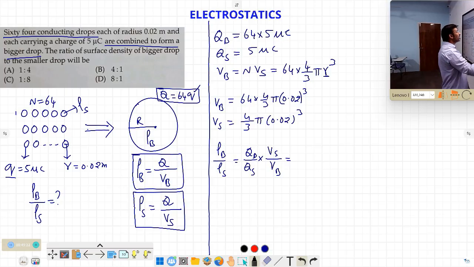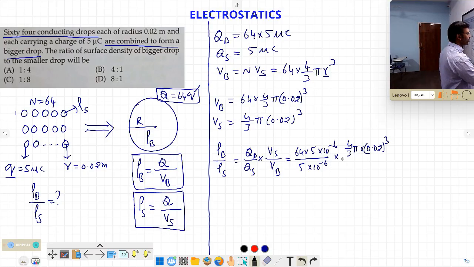The charge ratio is 64 into 5 into 10 power minus 6 by 5 into 10 power minus 6. Now what is the volume ratio? Volume of the small drop, 4 by 3 pi into 0.02 whole cube, by the big drop volume, that is 64 into 4 by 3 pi into 0.02 whole cube.